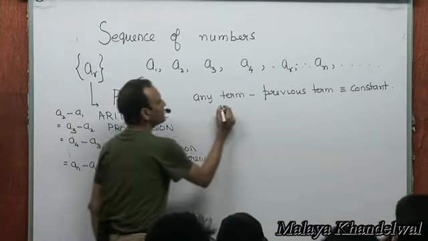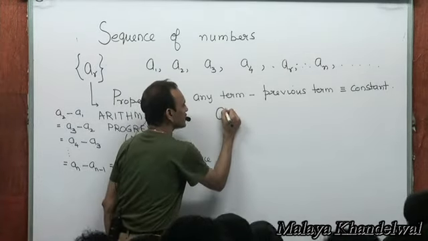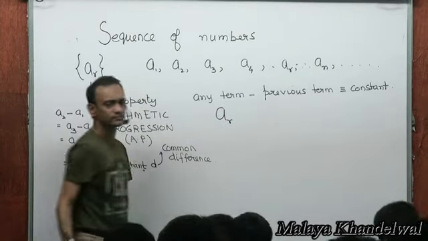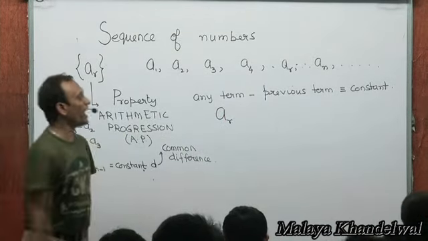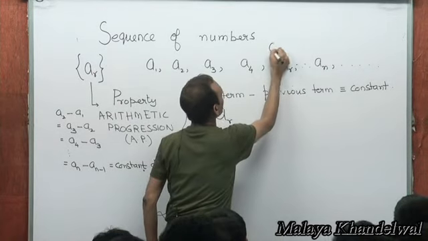Now, the generic term of this collection of numbers is AR. The term prior to AR would be AR minus 1.